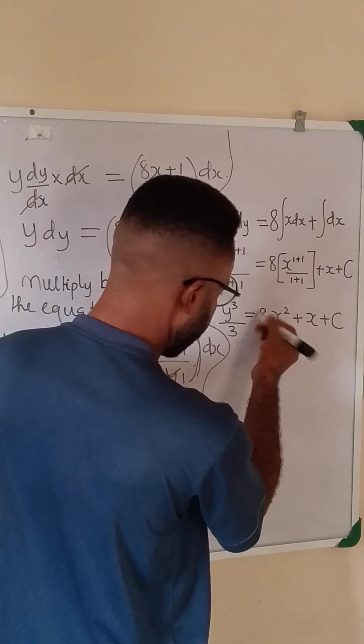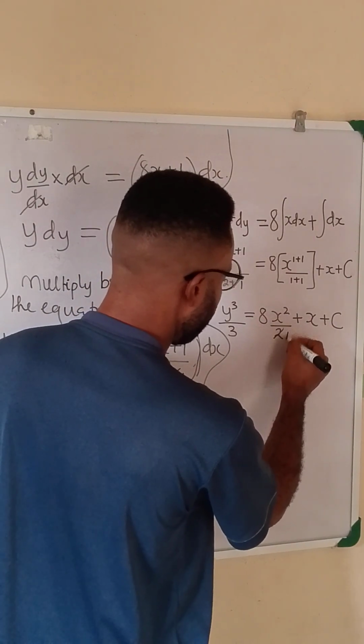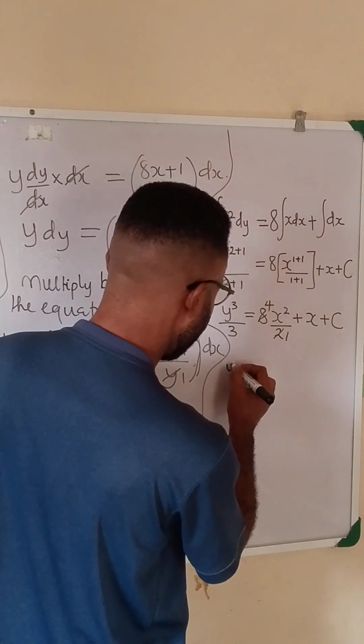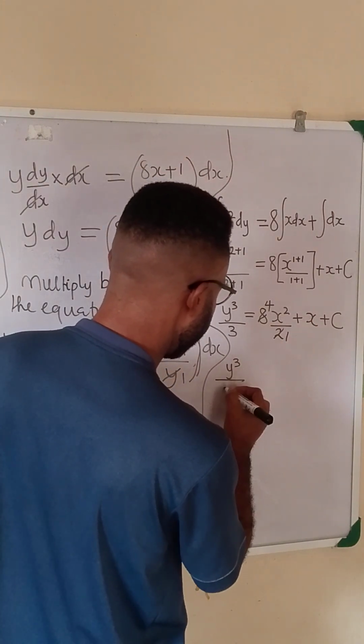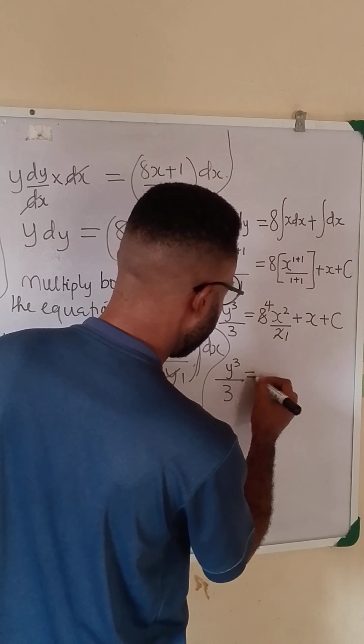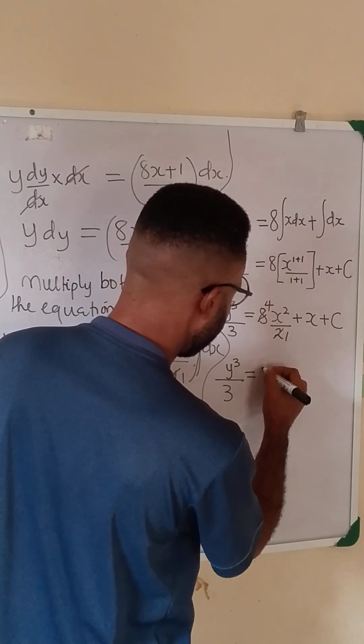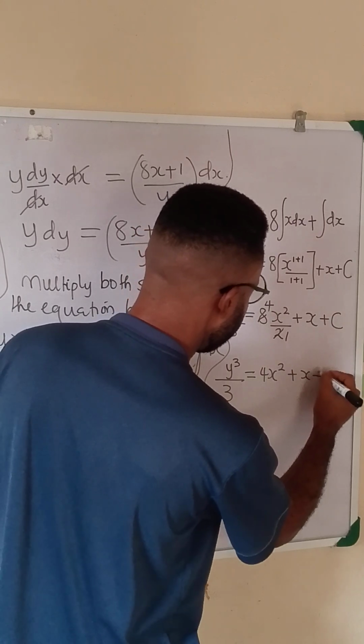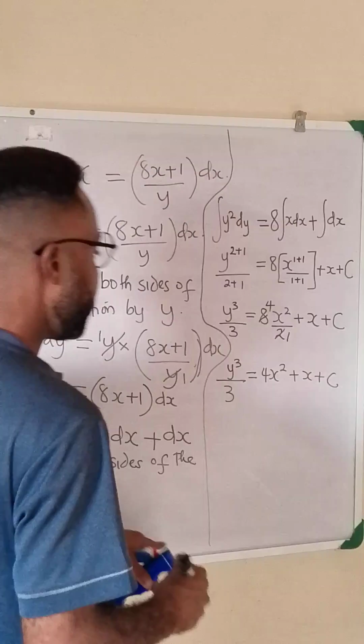Again, we can cancel out something here. 2 here, 1. 2 here will give us 4. So that we have our y cubed over 3 equal to, now we are going to have 4x squared plus x plus c.